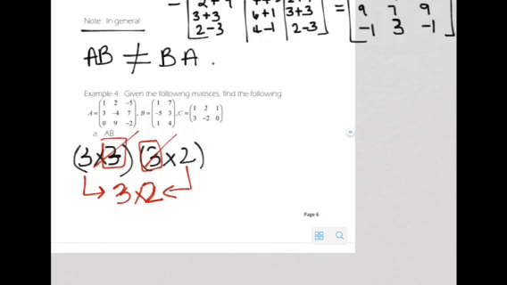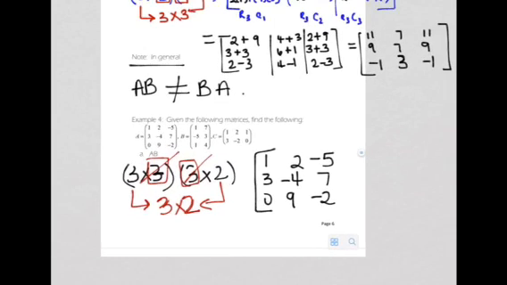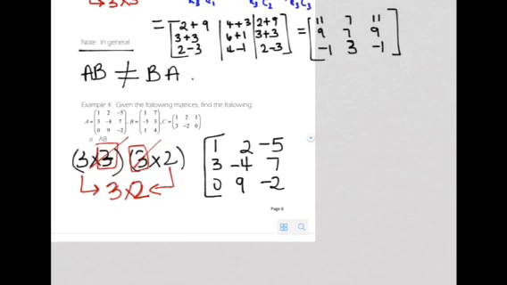Wow, that took up all the space I had for this problem. So I guess I'll be doing it over here on the right. A is 1, 2, negative 5, 3, negative 4, 7, 0, 9, negative 2.